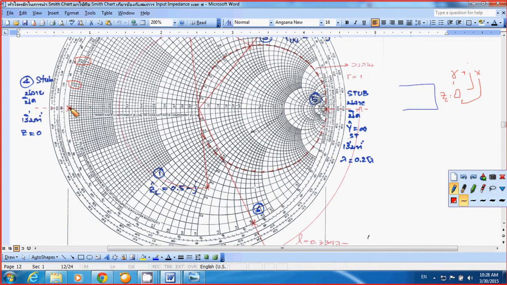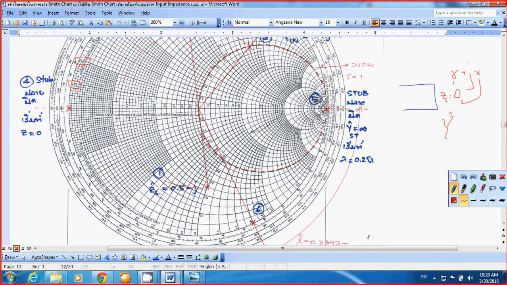And since we work on the admittance system, you need to find the admittance, or normalized YL, which is 180 degrees out of phase from the impedance.